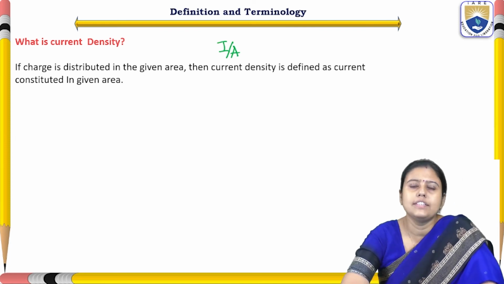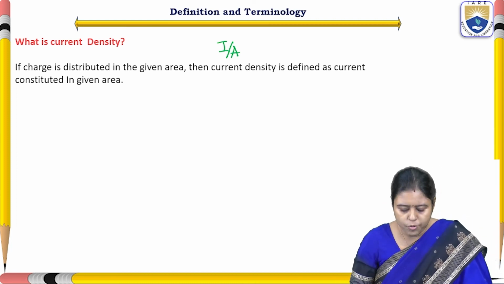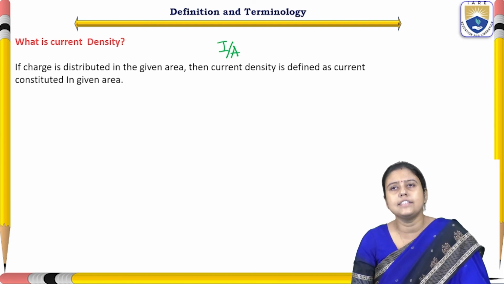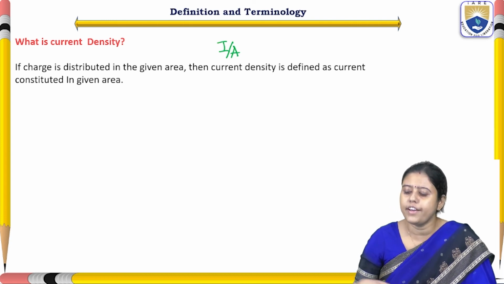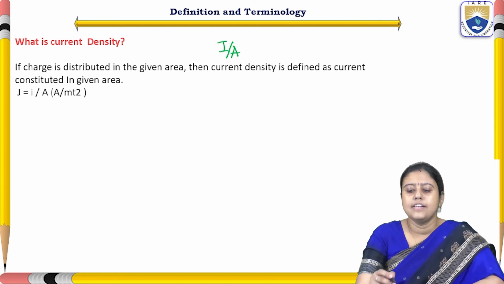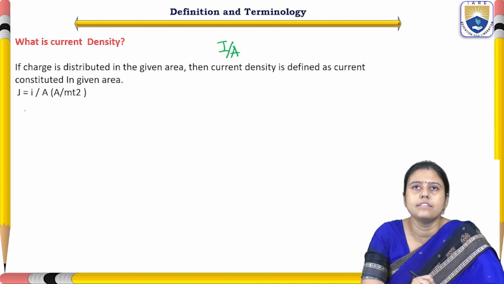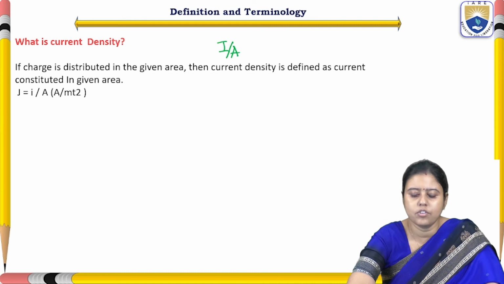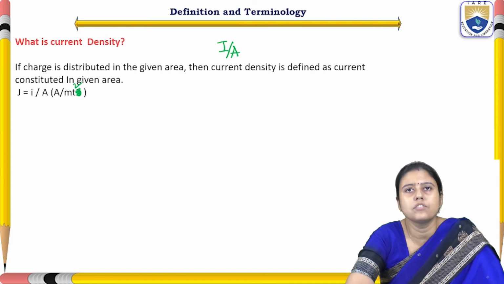Current means the flow of charge, and whenever there is a flow of charge, the current density is defined as the current in the given area. Current density can be written as J is equal to I by A. The unit of I is ampere. The unit of A is meter squared. So it will be ampere per meter squared.